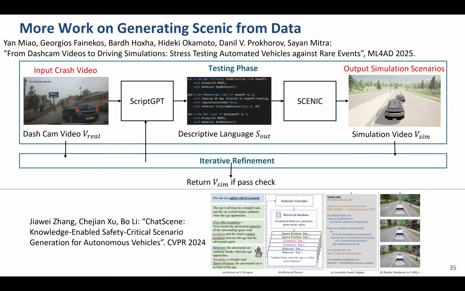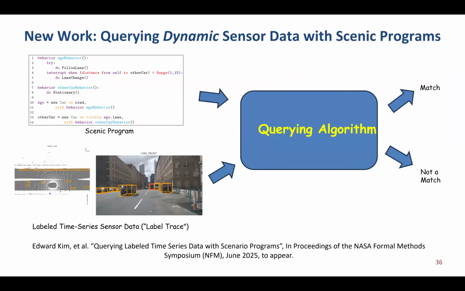So there are, at this point, multiple tools that we're aware of that are translating into Scenic, and I think it's a good opportunity for us to build on all of these and certainly improve the state of the art in terms of easing the way in which we can program in Scenic, right? As people said last night, we want these AI tools to help us generate these scenarios from artifacts that people already have.